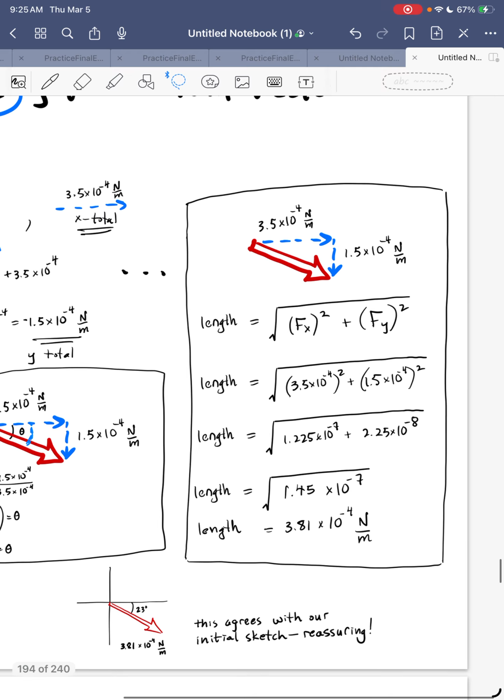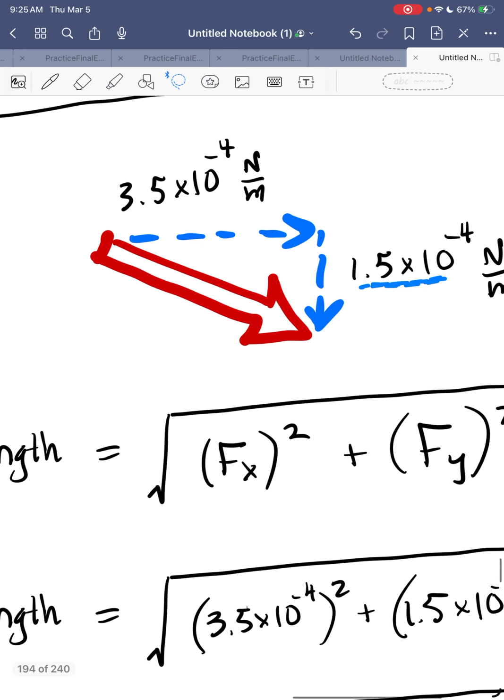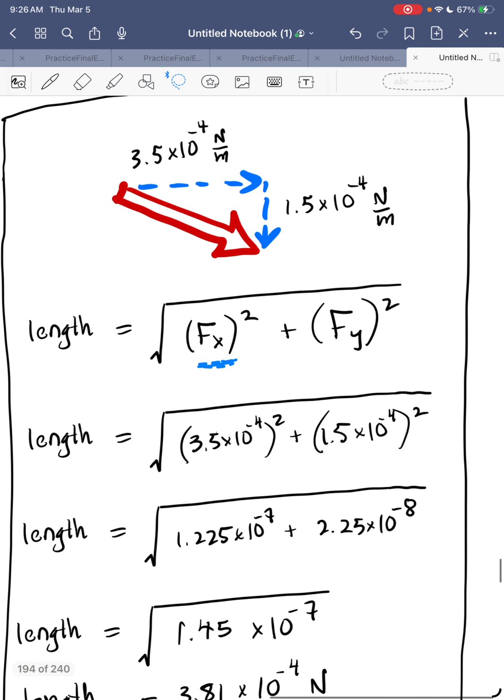How do I know the length of it? Well, I get the length by just basically using the Pythagorean theorem. Since this is a right angle in here, I know that this is the hypotenuse, and this is one leg, and that's the other leg. So if I square this, and then add it to the square of this, and then take the square root of that, then I should be able to get the length of the hypotenuse. So the length of that hypotenuse is the square root of the x component squared, which is just this one, and the y component squared, which is just this one.